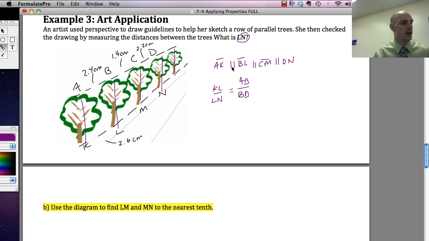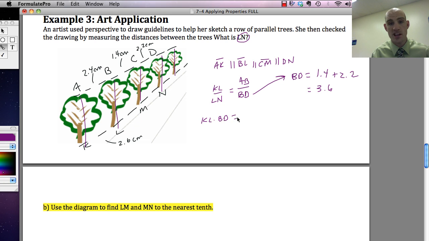I'm going to fill in what I know. Well, what I know is this. BD is actually equal to 1.4 plus 2.2, which is 3.6. And so when I fill this in, I end up with KL times BD is equal to LN times AB.